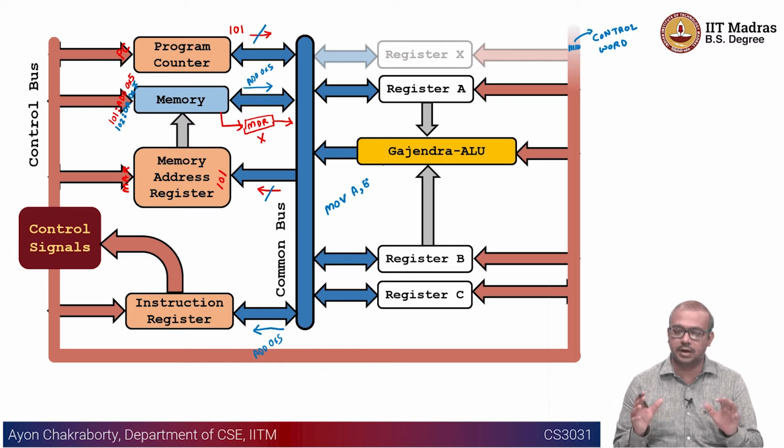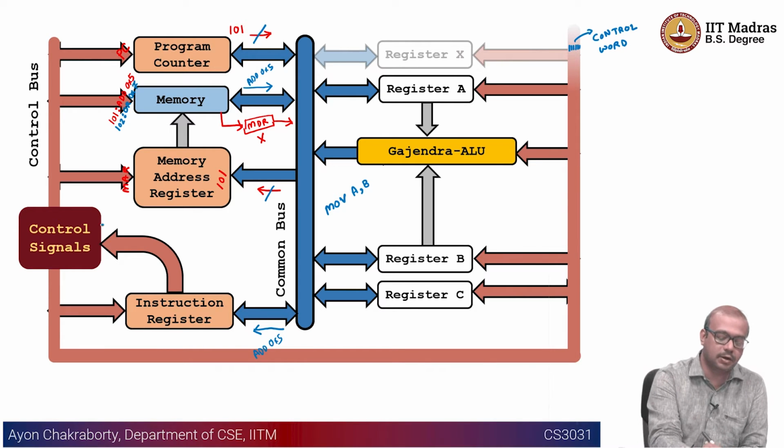So we need an architecture which is a little bit more generic and not just optimized to support one particular instruction or a few instructions. We have already looked at one generic thing, which is the fetch. Irrespective of what instruction is going to be executed, the instruction has to be fetched. So that fetching is the first thing that the control is going to do.